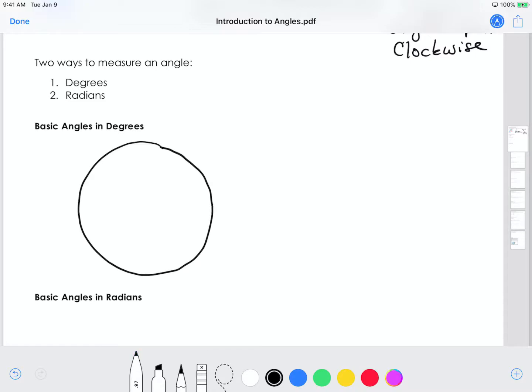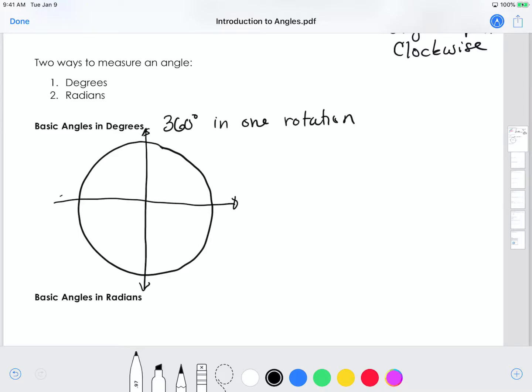When we look at a circle, there are 360 degrees in one rotation. And if I look at this so that the center of the circle is at the origin, if I look at 0 degrees, that would be where I draw my initial side, and then I draw my terminal side right on top of it.